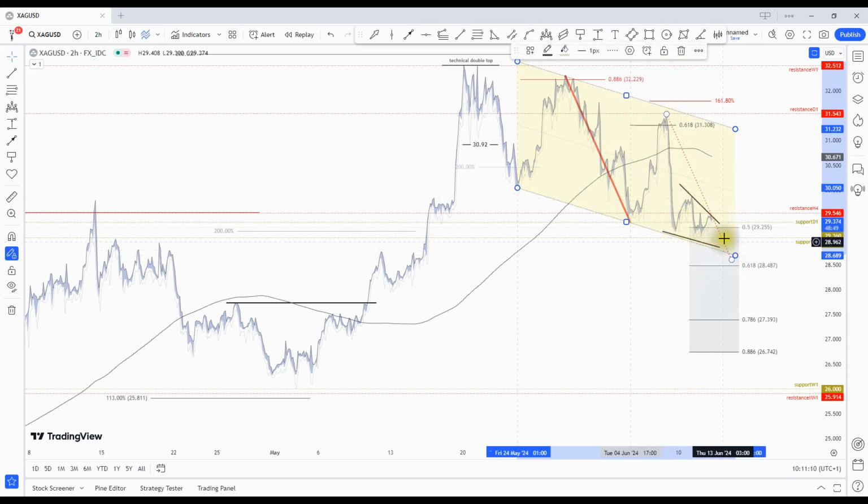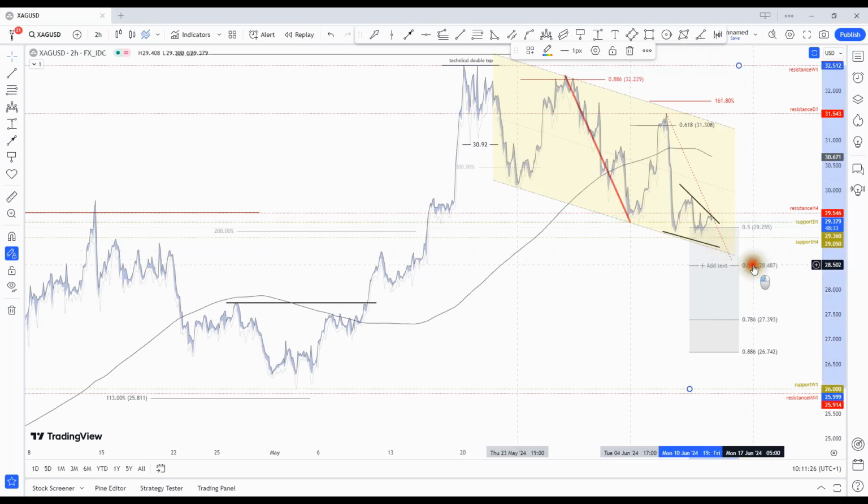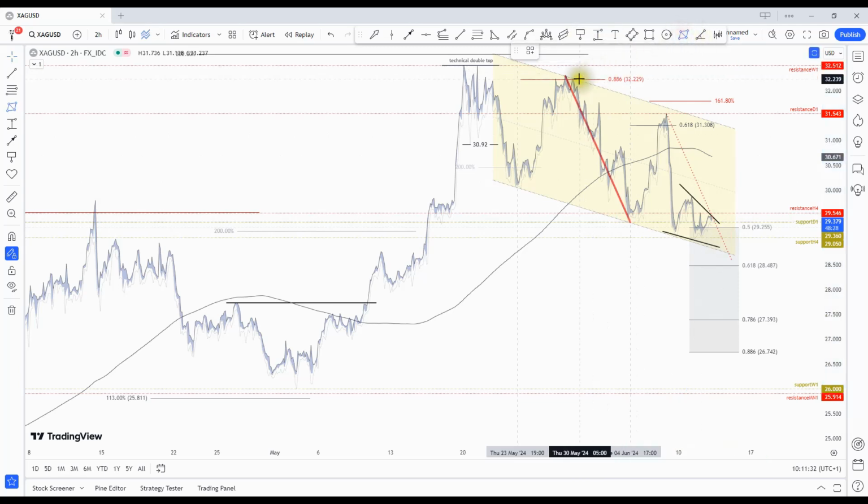So we have a descending wedge above the previous support level, or above a trend line support. I assume that a breakout below this wedge formation should trigger at least a retest of this golden Fibonacci level, which coincides with the formation of this ABCD pattern.